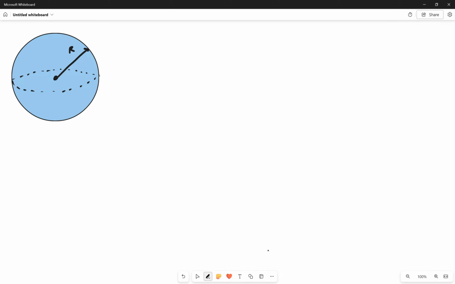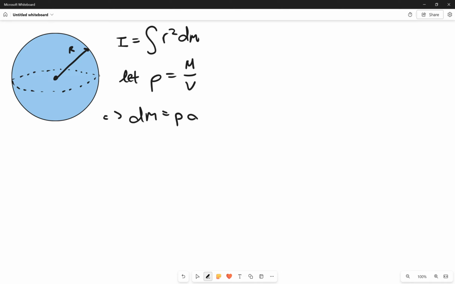And so if we find the moment of inertia, it's the same, except this time we have to do it a little bit differently. So I is still the integral of r squared dm. And for this dm, just like always, I'm going to let the volumetric mass density rho equal the mass of the sphere over the volume, which implies that dm equals rho dV.